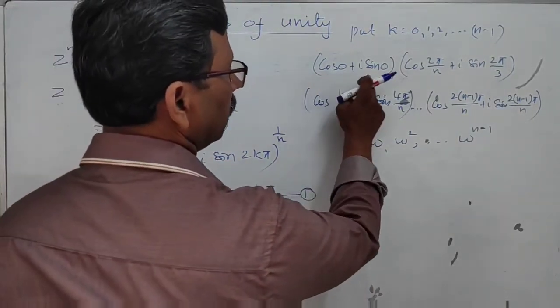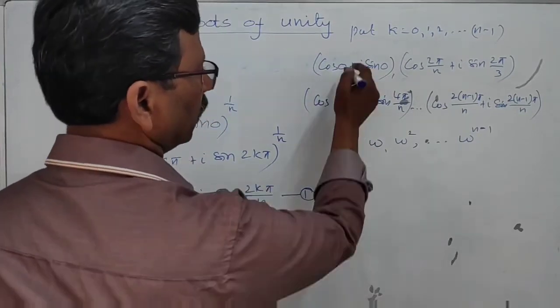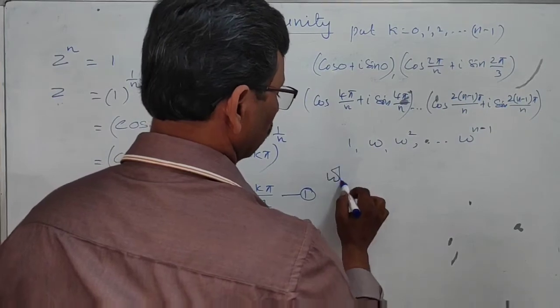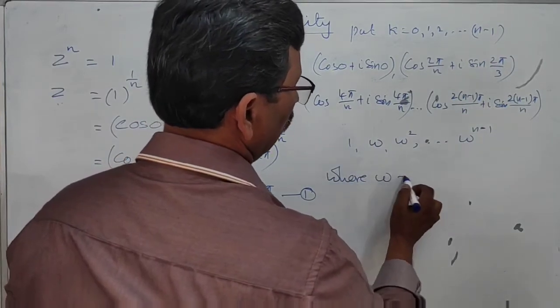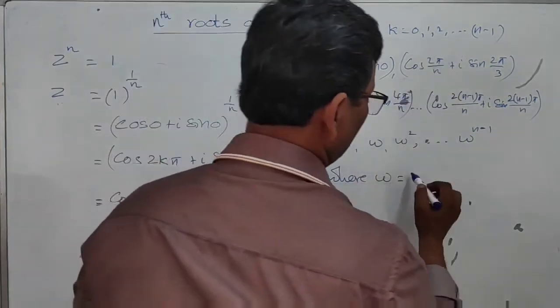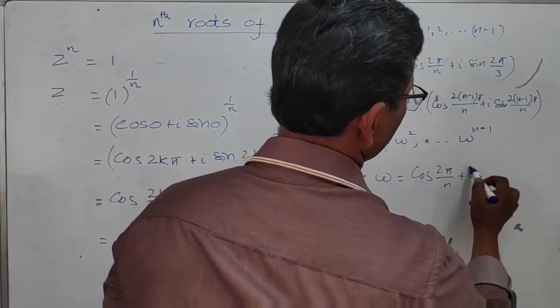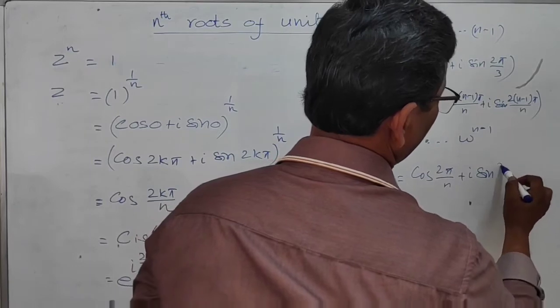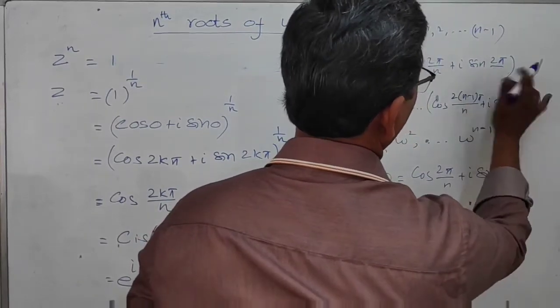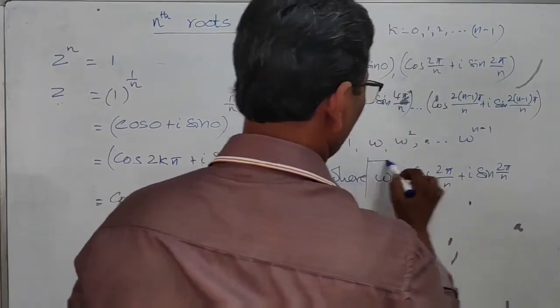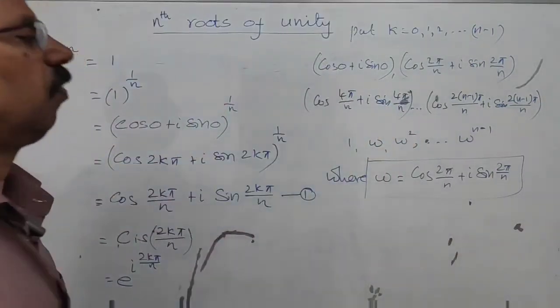Here, the value cos 0 plus i sin 0 is nothing but 1. Next one is omega, where omega is equal to this value: cos 2 pi by n plus i sin 2 pi by n. Now this is the value of omega.